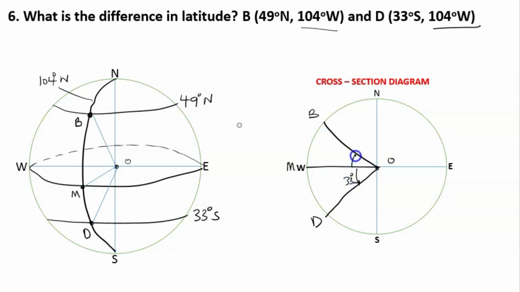Then from here to B, the angle is 49. So this is our difference in latitude. This is theta.